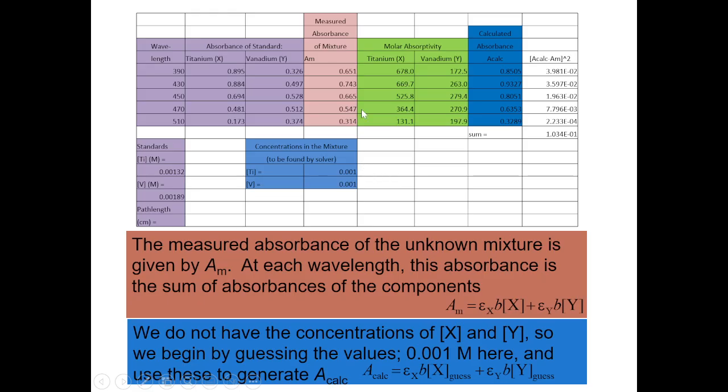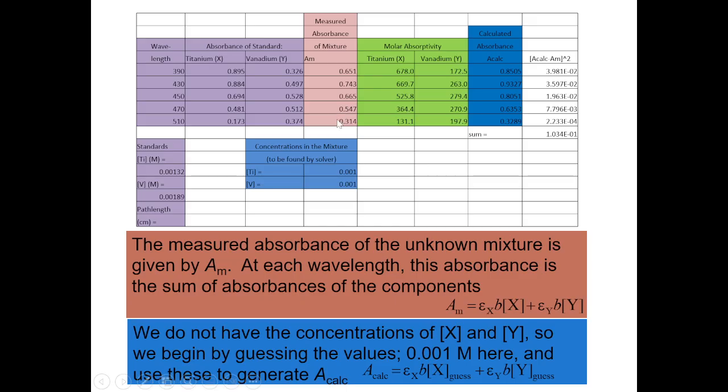We go ahead and set up our solver with these factors, with our wonderful equation here. We have a 2-variable. See that? And we let it solve to generate the absorbance calculated, which should match as close as possible to the absorbance of our mixture here, right?